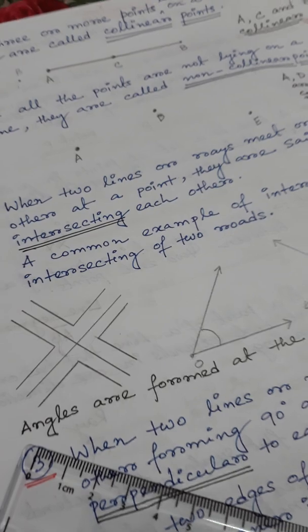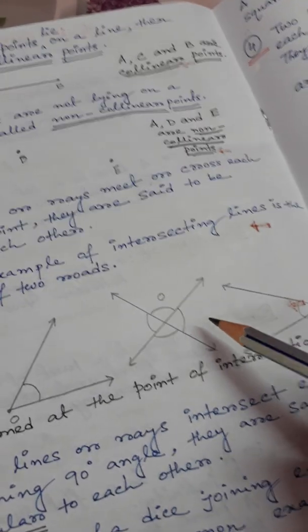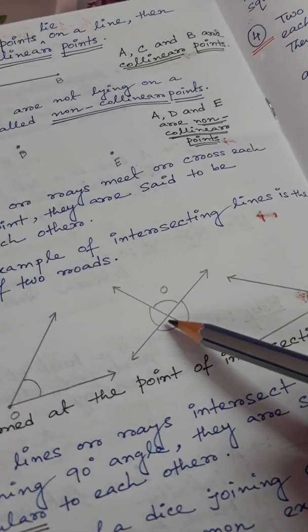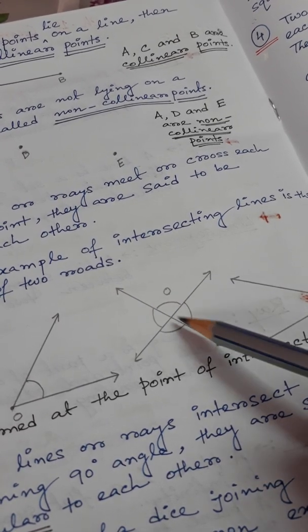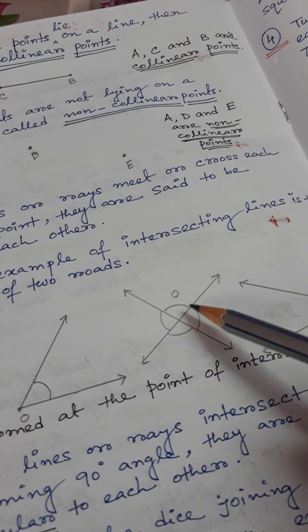In the same way, you can see this one. Here are two lines. The two lines meet or cross each other at O, and here also they form an angle.